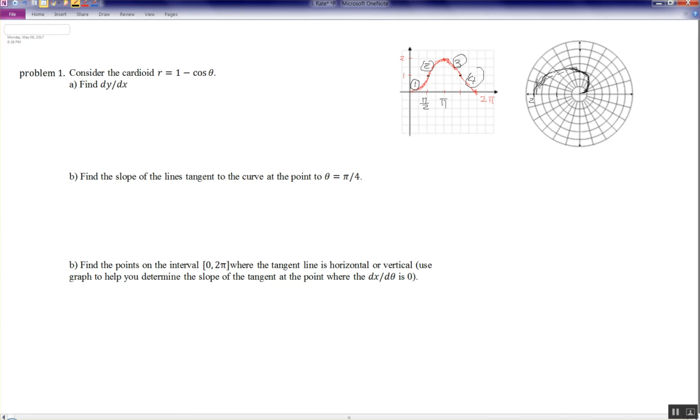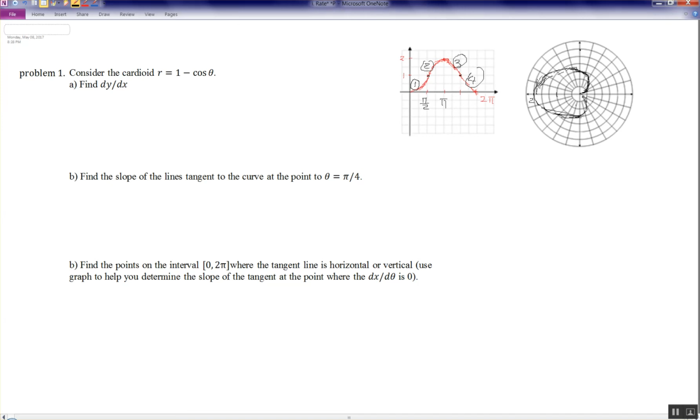And the third piece is when the angle goes from pi to 3 pi over 2, the radius decreases from 2 to 1. And the very last piece, from 3 pi over 2 to 2 pi, the radius decreases from 1 to 0, which looks like that.